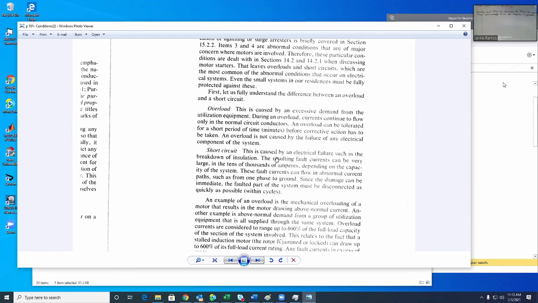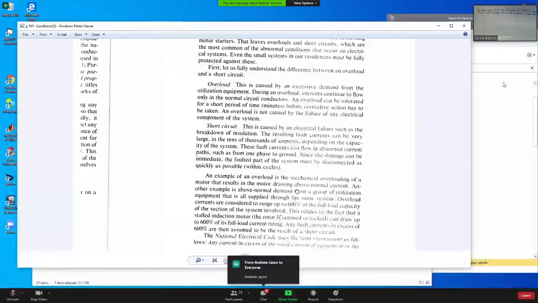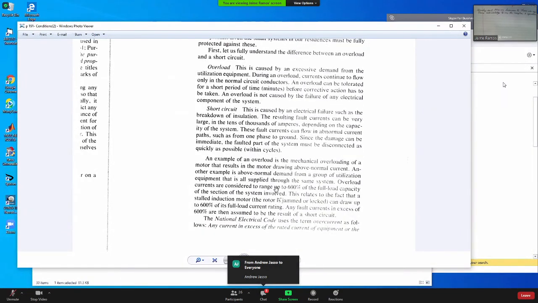And then in the short circuit, there is a failure, an insulation failure. So now the short circuit current is very high. And then here is a number which is 600%. Now, we will see that they used a lot the percentage rating. So it says overload currents can be considered to range up to 600% of the full load capacity.